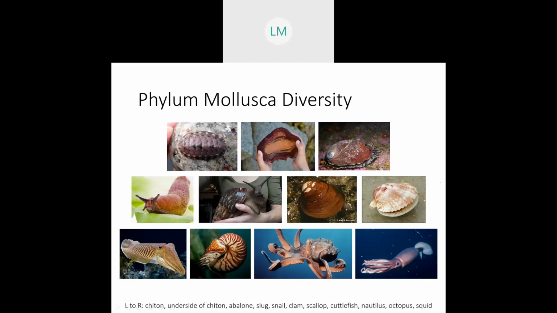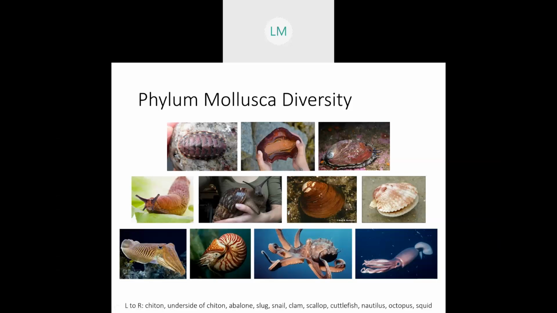We have bivalves. So bivalves are any mollusk that has two shells that are hinged together. So like a clam or an oyster. This is a scallop right here. So those two shells that are hinged together, all of those are mollusks. And then this bottom row down here, these are some of our most intricate mollusks, the cephalopods.